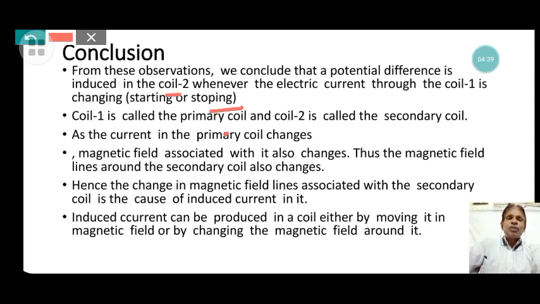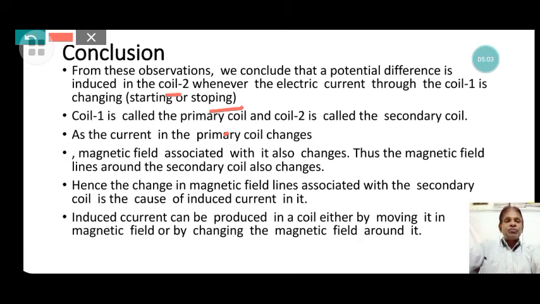Due to the changing magnetic field produced by the first coil, induced current is produced in the secondary coil. Hence, the change in the magnetic field lines associated with the secondary coil is the cause of induced current in it.